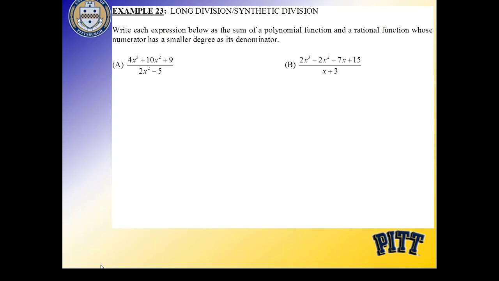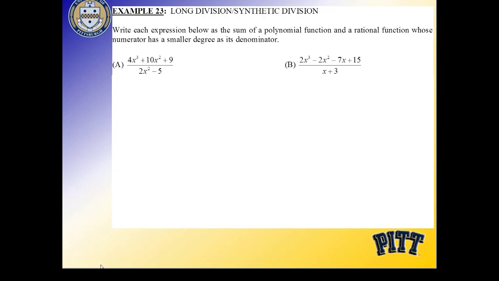It's a situation that I would use if I was given a division and I couldn't do a linear binomial. Like for B, I would probably still use synthetic division. For A, 2x squared minus 5 really doesn't factor into nice stuff for me to do two different synthetic divisions, and a synthetic division with a remainder becomes even more complicated.